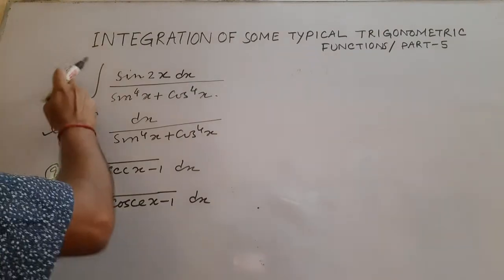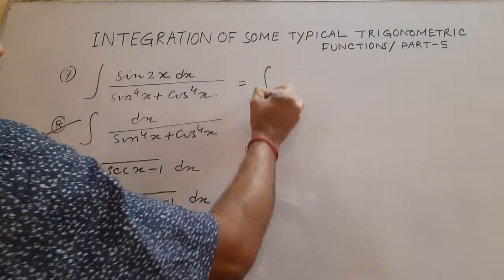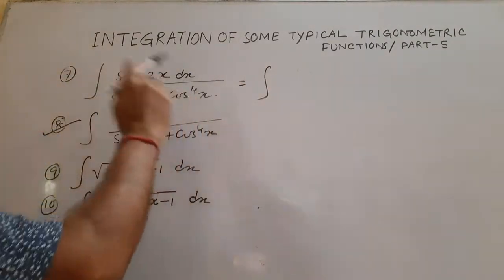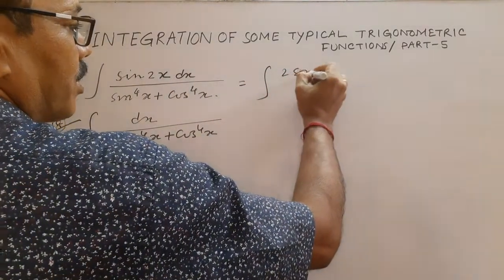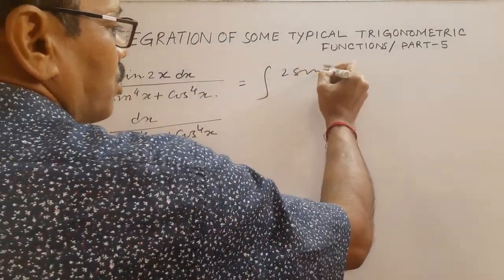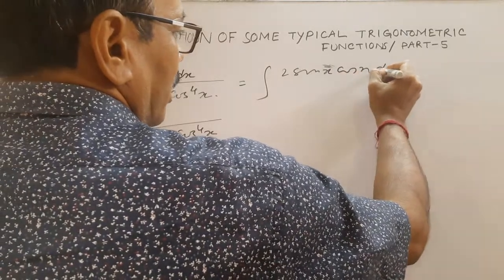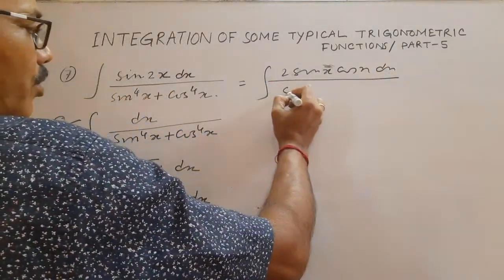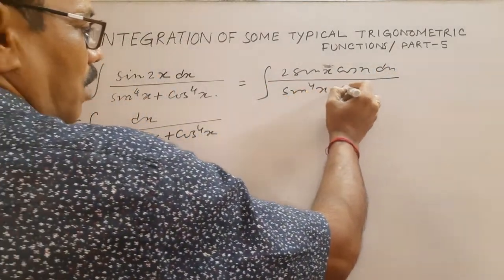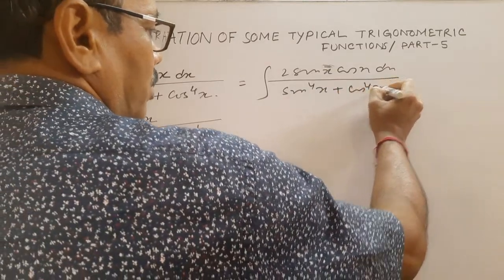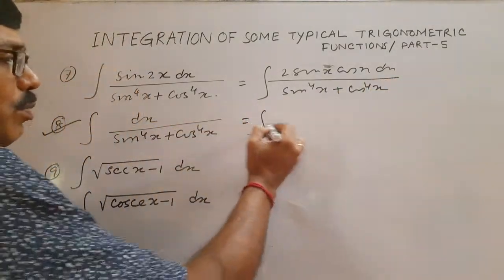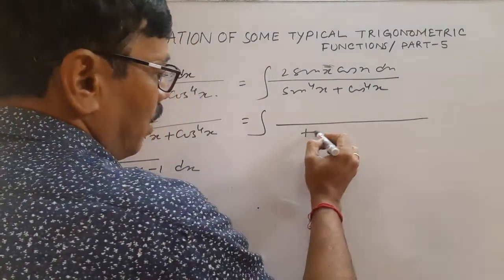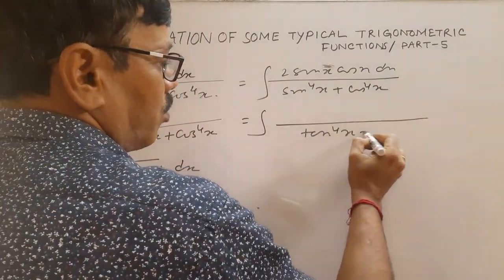Now problem 7. So sine 2x, this is x. So try to express in terms of the same angle: 2 sine x cos x dx by sine to the power 4x plus cos to the power 4x. Now it is of 4th degree. Multiply it by sec to the power 4x.